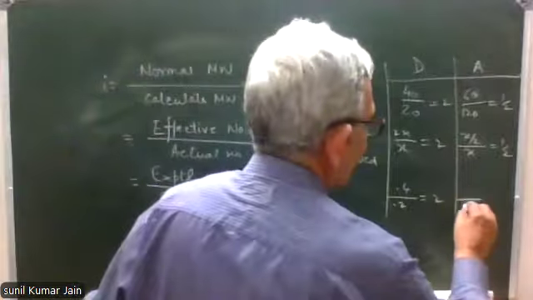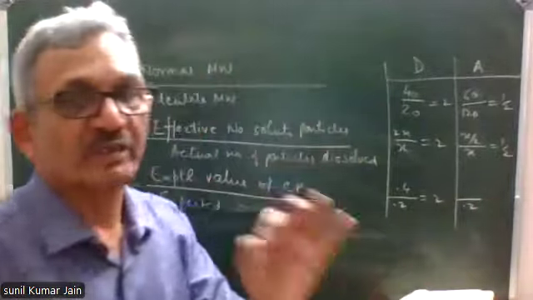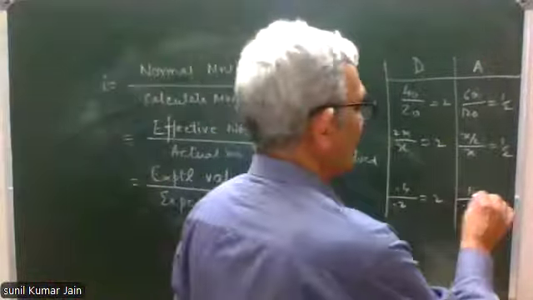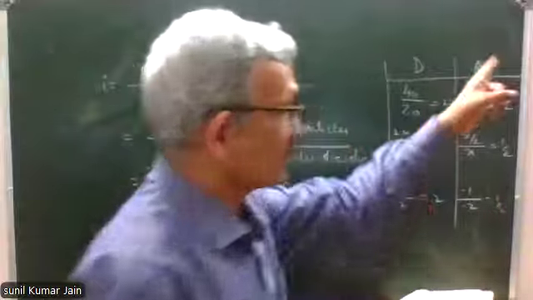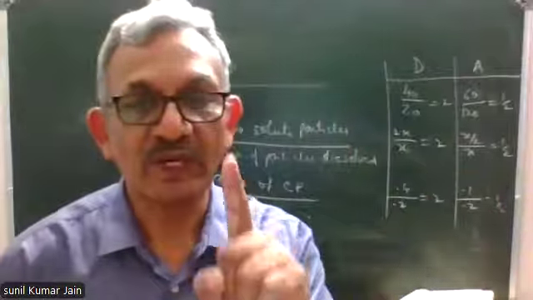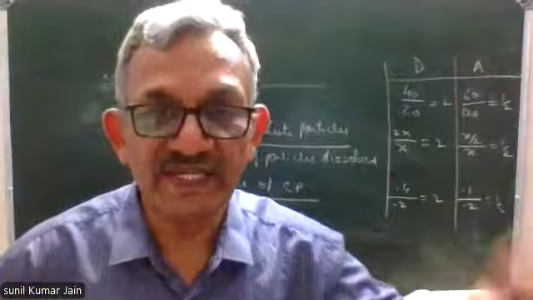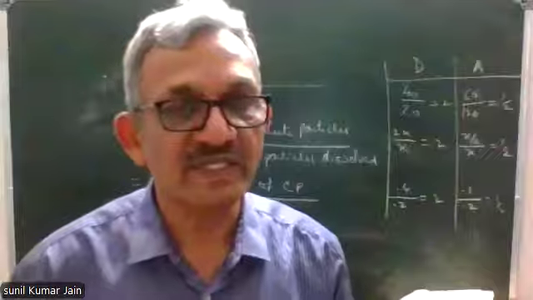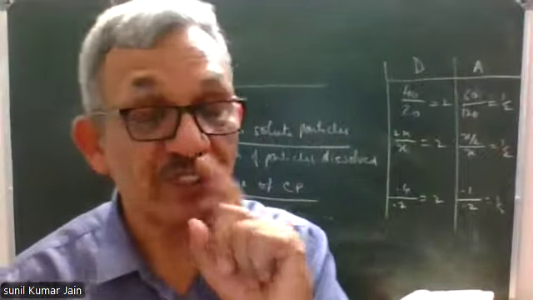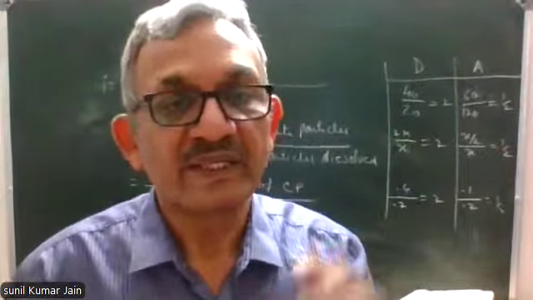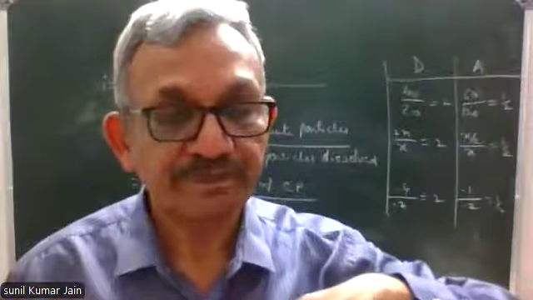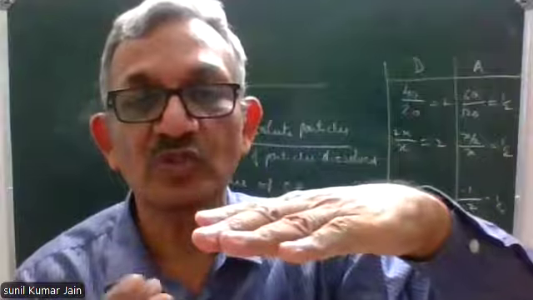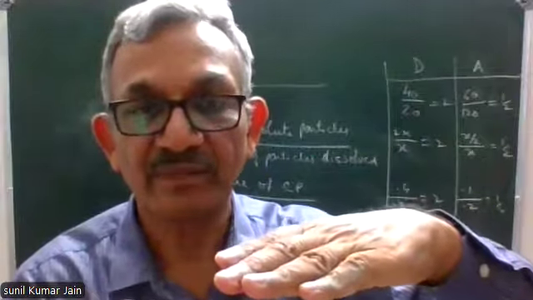I was expecting the elevation in boiling point to be 0.2, but it came out to 0.1. So the conclusion is, number one, the value of i will be less than 1 in case of association. Second conclusion: if association is 100%, then the value of i will be 1 divided by how many molecules join to form an aggregate.